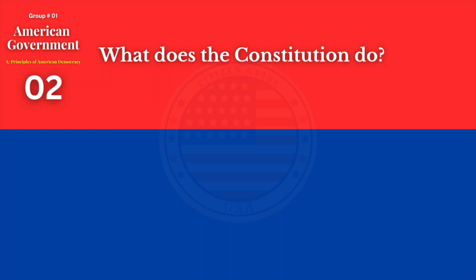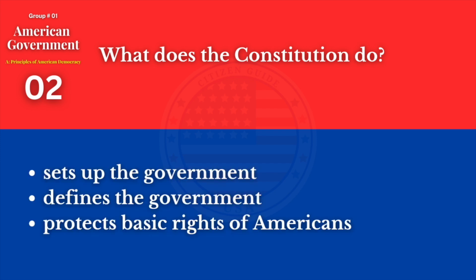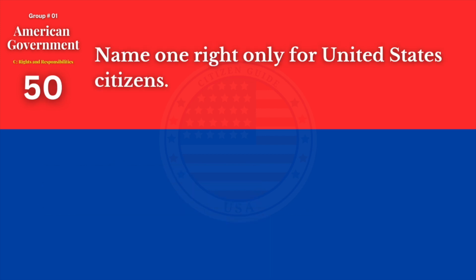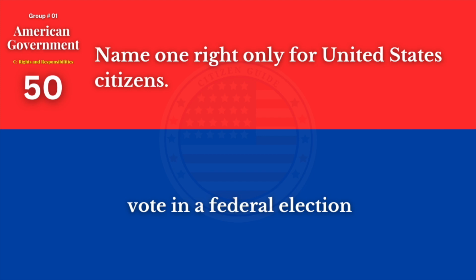What does the Constitution do? Sets up the government. Name one right only for United States citizens. Vote in a federal election.